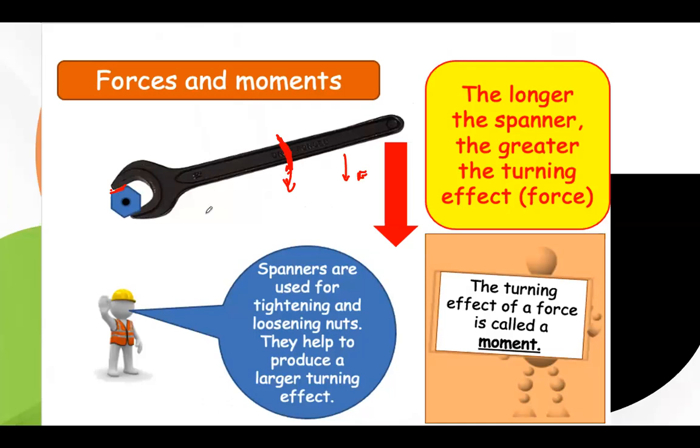The distance from here to this particular force here. That's our moment. So it's the product of those two factors, our distance away from the center to our force. And this should of course be perpendicular, at 90 degrees.